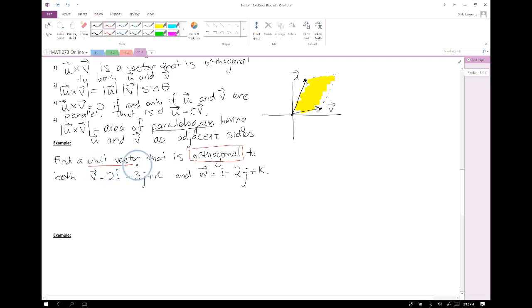Now, there's no point in changing V and W to unit vectors because it doesn't guarantee the cross product will be a unit vector. The unit vector part we'll deal with at the end. We can take any vector and change it into a unit vector just by dividing by its magnitude. So that part we'll deal with at the end. But first, let's do our cross product so that we can find a vector that is orthogonal.